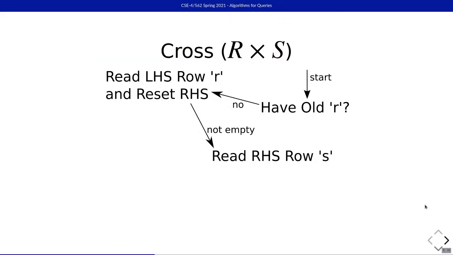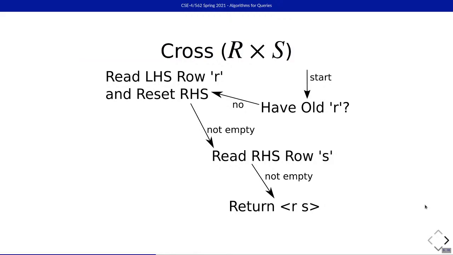Assuming that there is a tuple to be read out of R, then we read the first row of S. And assuming that there is a tuple to be read out of S, then we're going to take the two tuples, smush them together, and that's going to be the result of the Cartesian product, R cross S. So we've got our first record. Let's go back to the beginning.